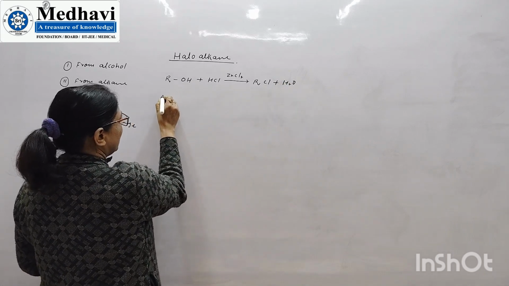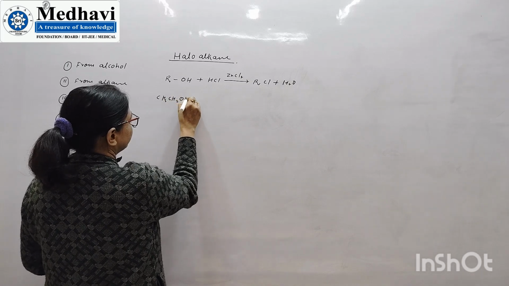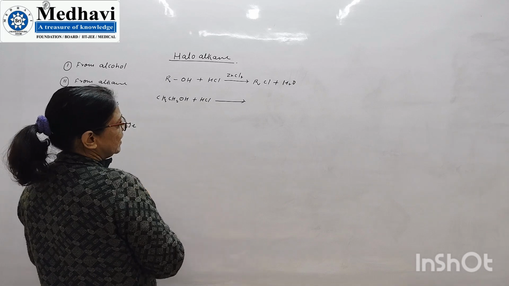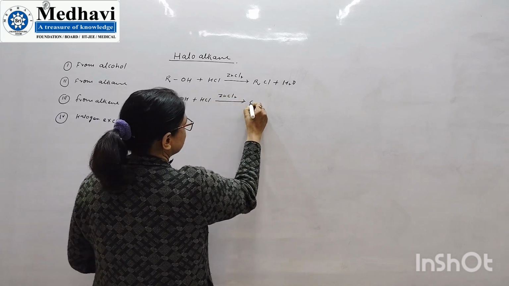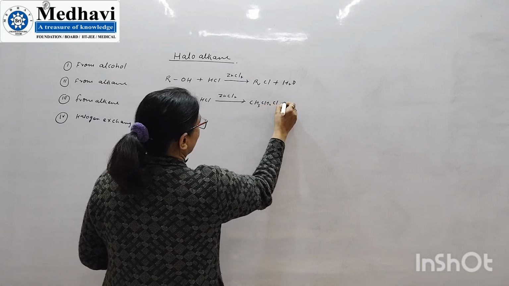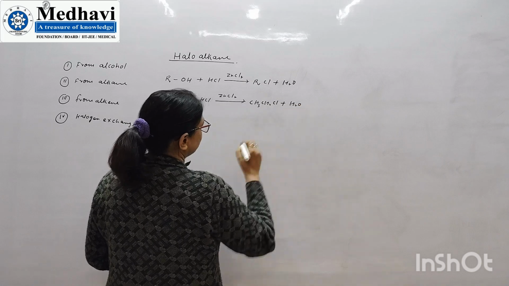Suppose in place of R, ethanol is taken. If ethanol is reacted with concentrated HCl, then ethyl chloride, also called chloroethane, plus water is produced.